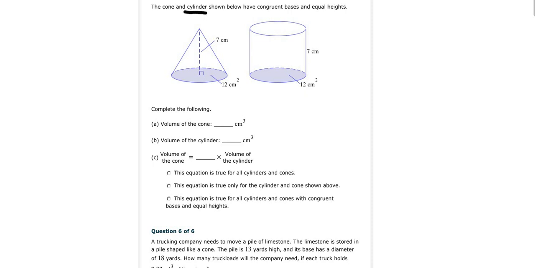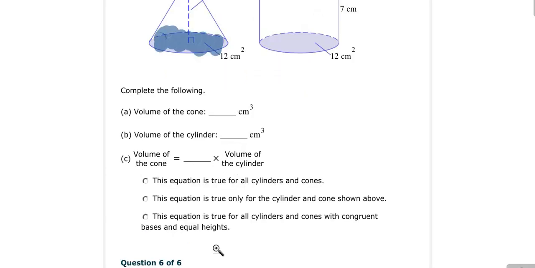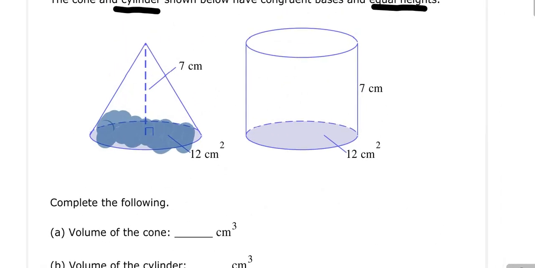The cylinder and the cone have equal heights. Find the volume of the cone. The volume of the cone is base times height over 3. If you're wondering whether that 12 is the radius or the diameter, look very, very carefully.